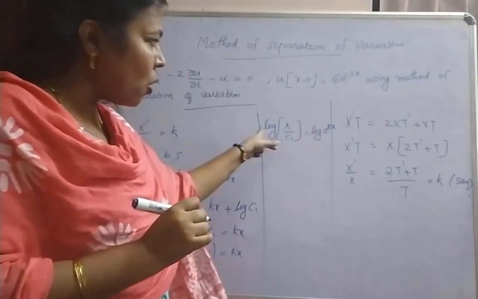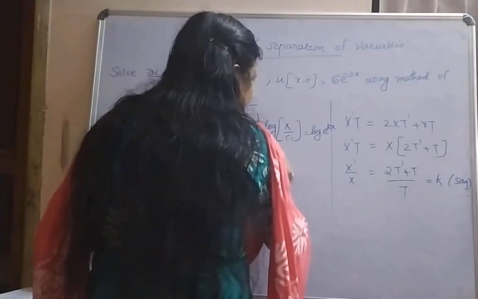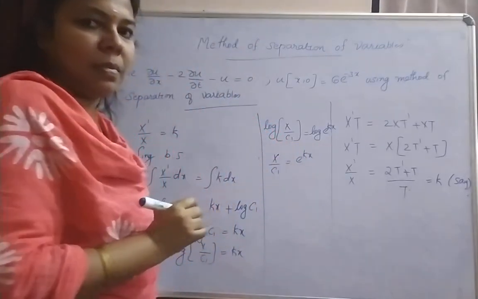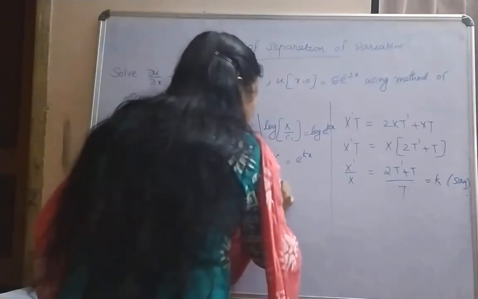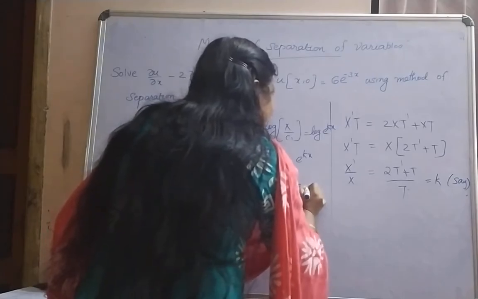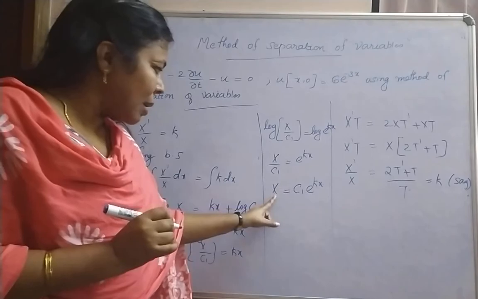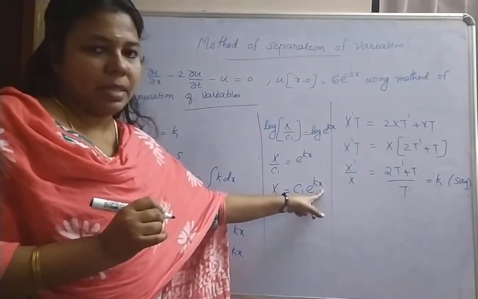By cancelling log on both sides, we get X/c1 equal to e raised to kx. Now, capital X is c1 e raised to kx.